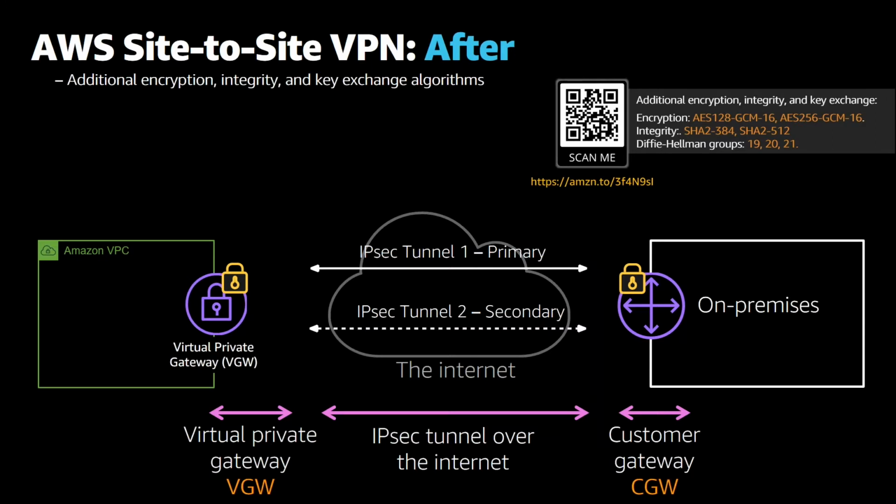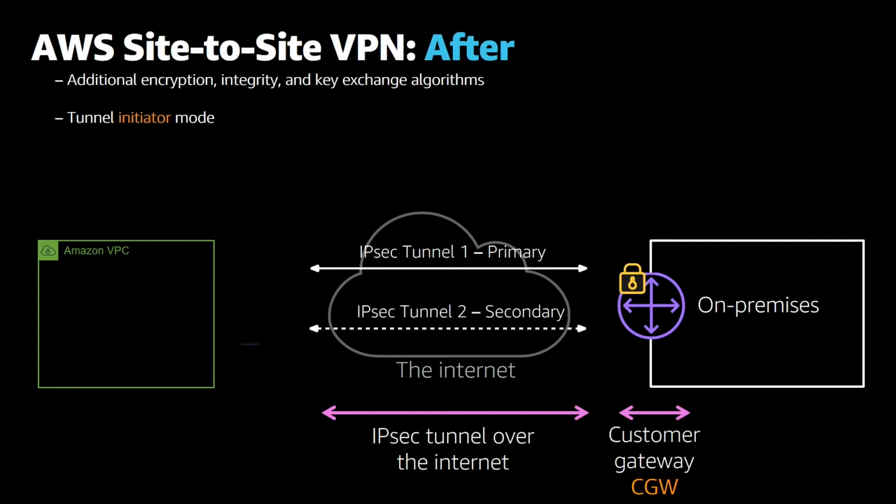And I have a QR code here for you guys. Now we added the tunnel initiator mode. Not only could on-premises initiate traffic, but now you can initiate traffic coming from your cloud VPC.